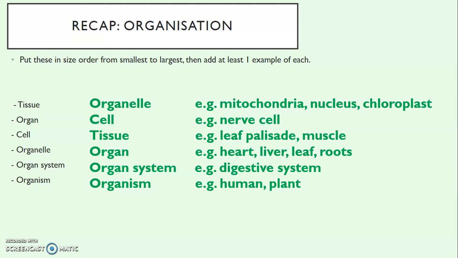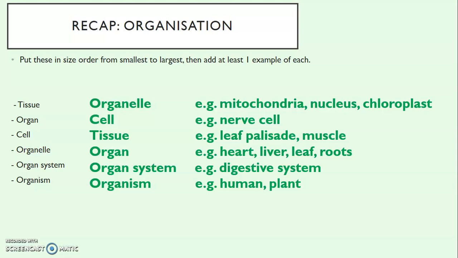Organs, again, some of these examples are the ones from your fact book, heart, liver, leaf or root, so you should have those. And then organ system, any organ system, digestive system, circulatory system, nervous system, any of those is absolutely fine. And then finally the organism, which is the whole living thing, a human, a plant, a dog, any full organism that you can think of.